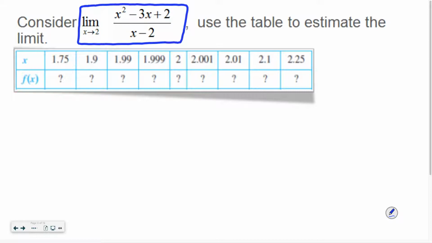Okay. Pod 1. What did you get for 1.75? Do you have 1.9 yet? Okay. Pod 3. What do you have for 1.99? 1.999. Okay.